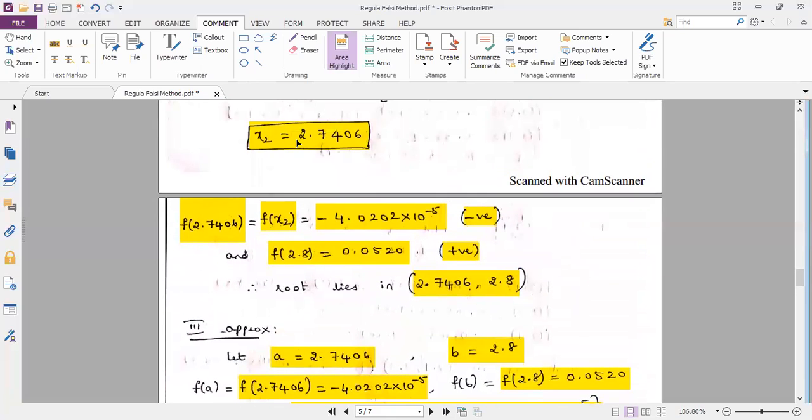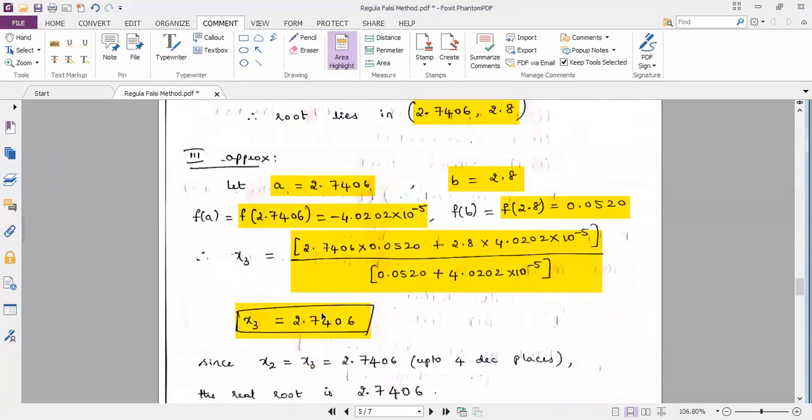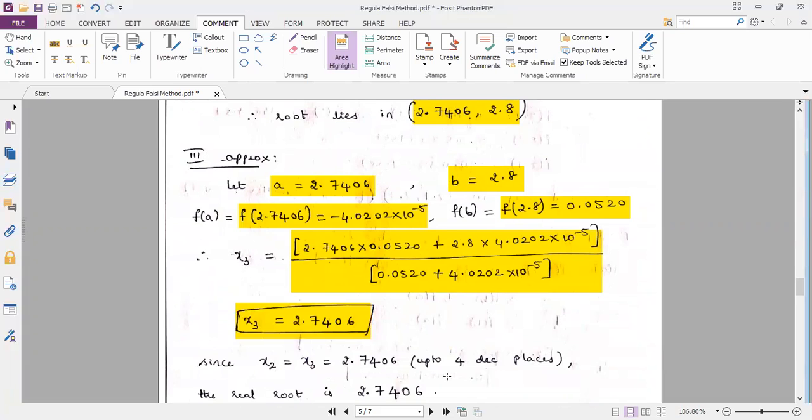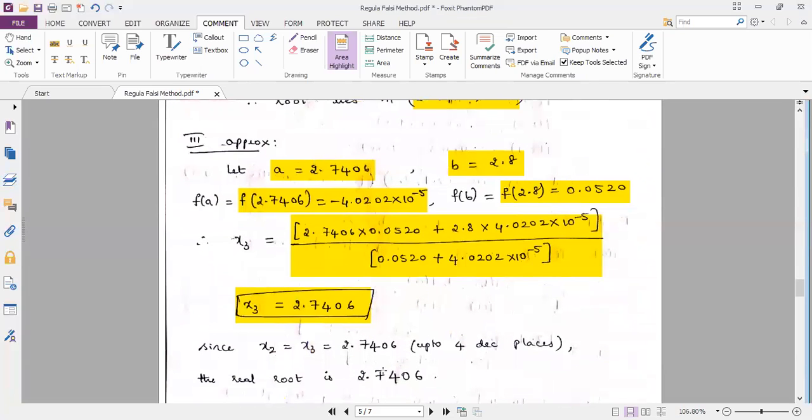Observe the value of X2, 2.7406, which is the same as the third approximation X3, 2.7406. Since the values of X2 and X3 are the same up to 4 decimal places, that is X2 is equal to X3, which is 2.7406 up to 4 decimals, we conclude that the real root of the given equation is 2.7406.